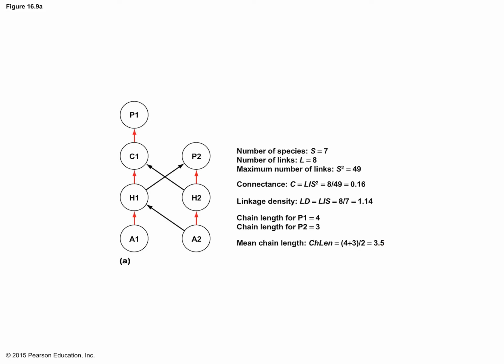Okay, so let's go back to food web connectance for a moment. Food web connectance considers only the number of possible unidirectional links, okay? The number of unidirectional links, so links going in one direction. All right, the maximum number of links in this case is going to be s times s minus 1 divided by 2.